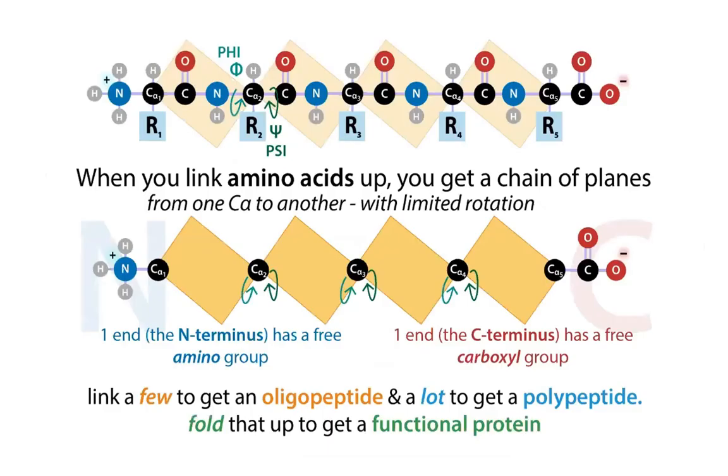So the bottom line is you're going to have these restricted planes, and when you link them up, there are going to be certain places where you're able to rotate on either side of the alpha carbon. You can rotate freely there, but not truly freely, because you have to deal with steric hindrance.